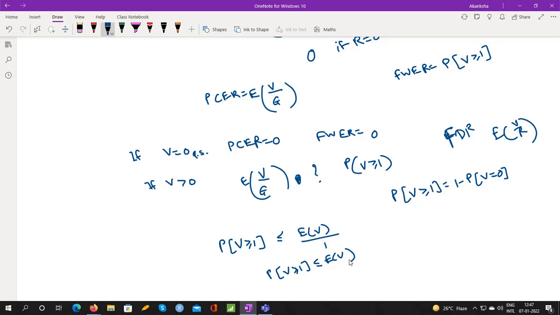What next? Here G is also a random variable, right? Yes, G is also a random variable.